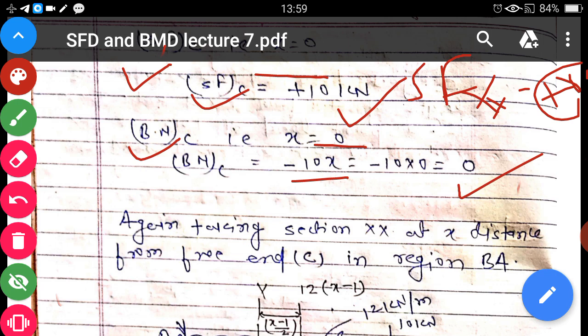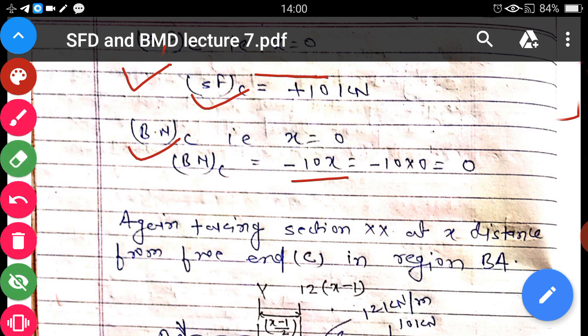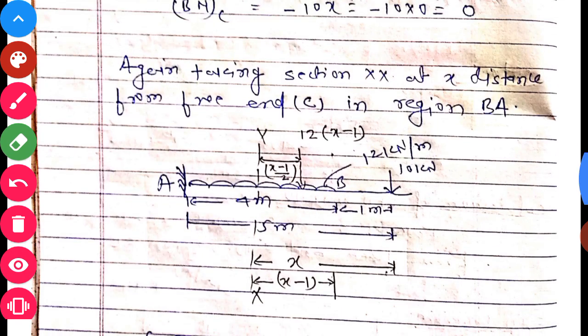After that, again we can take the section in region BA, so that we calculate the bending moment and shear force at sections B and A. So let's take the section in region BA.